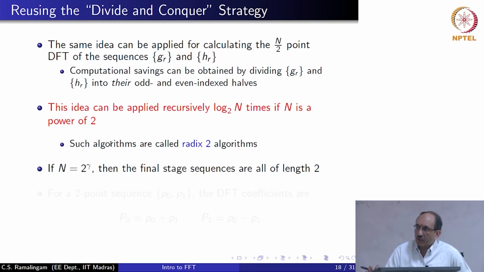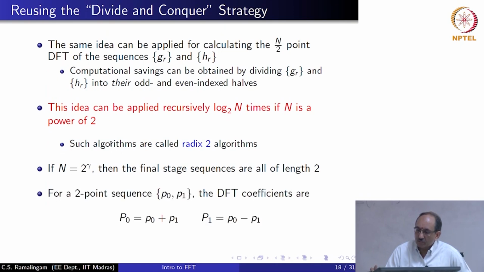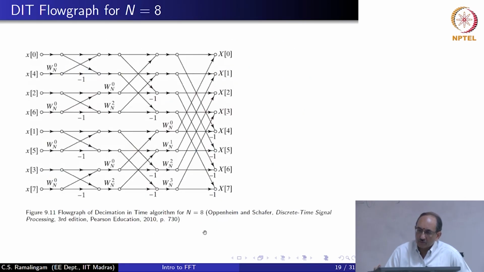If you keep dividing by 2, you will reach a stage where the individual sequences are of length 2, and the length 2 DFT is the easiest DFT you can think of, because you are evaluating the transform at 0 and at pi. For 0, you just need to sum up the 2 terms. For the transform at k equal to n by 2 when n is 2, you need to just subtract. So, the final length 2 transforms are also extremely simple, okay.